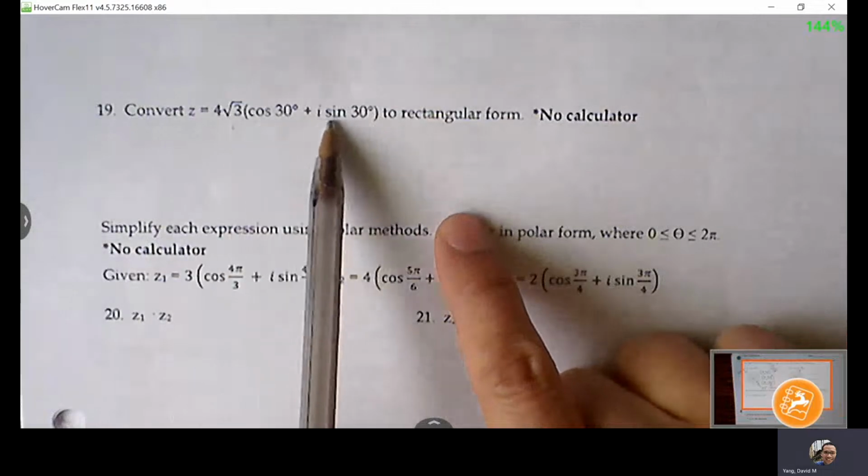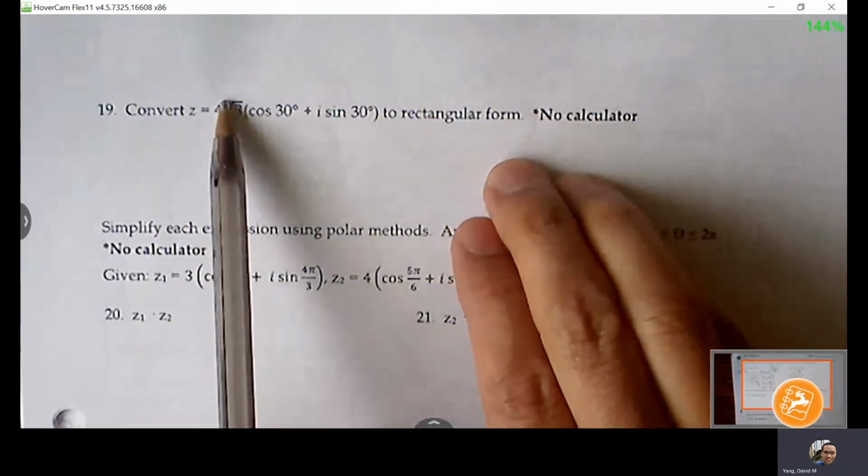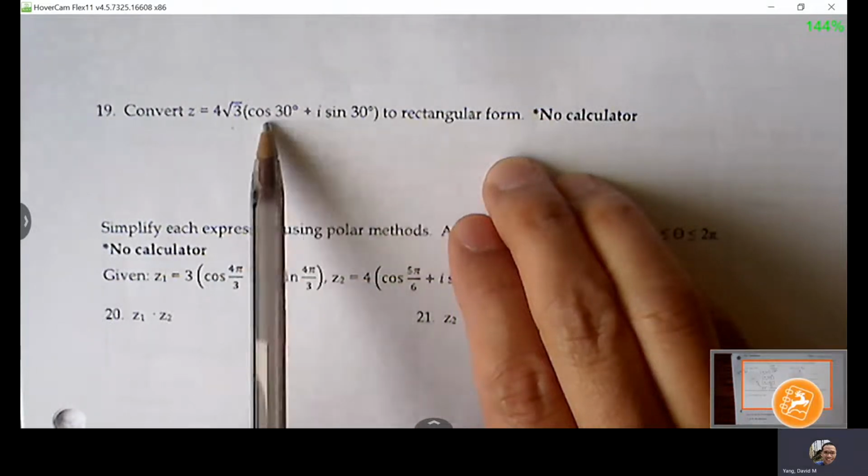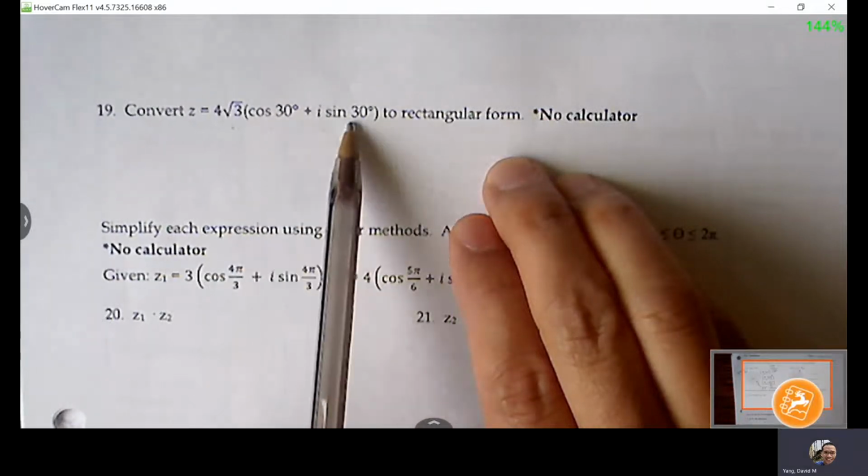Convert polar to rectangular. That's pretty easy. You just distribute the 4 root 3 into the parentheses and use unit circle to get it down to numeric values.